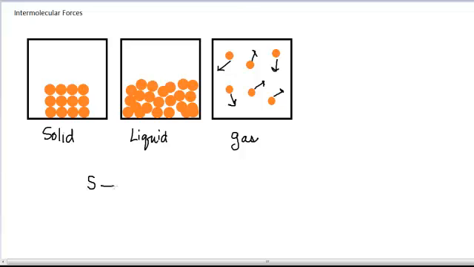We can think of an example. Let's take water. Water is a solid under certain circumstances, a liquid under others, and a gas under different circumstances. And you're probably screaming at your computer screen, it's a solid when it's frozen as ice, when the temperature is below 0 degrees Celsius. It's a liquid.